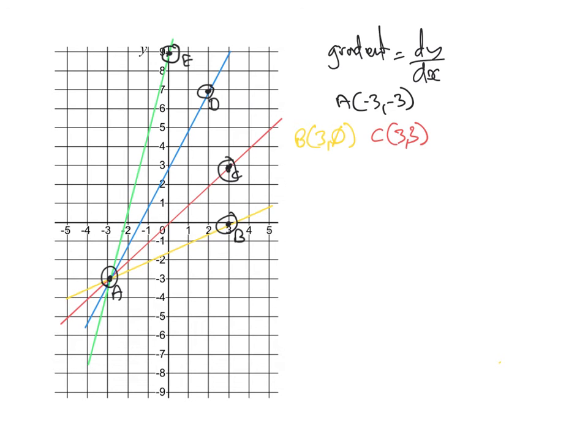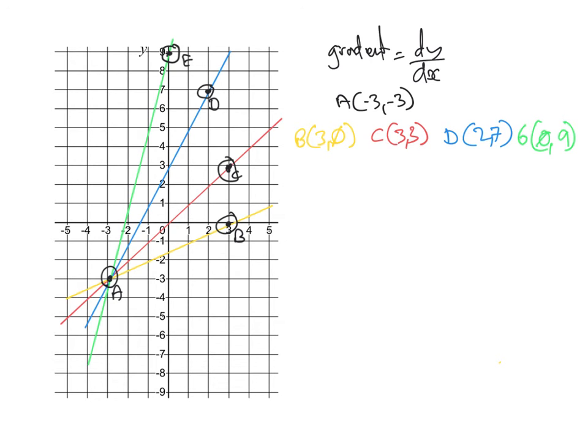D is blue. So D is 2 on the x-axis, 7 on the y-axis. And then green, that's a G, is 0 on the x-axis and 9 on the y-axis.